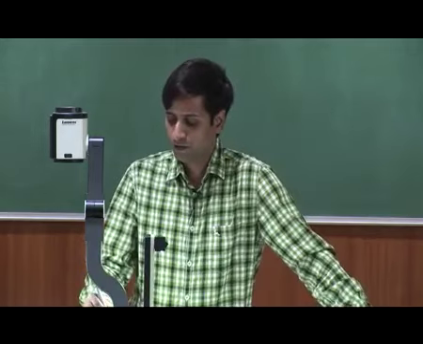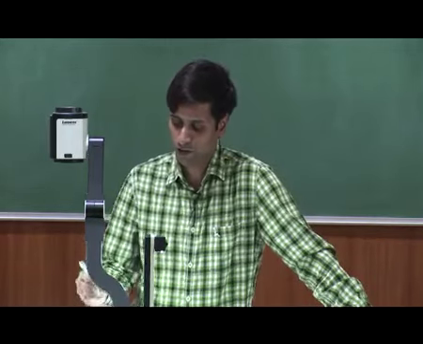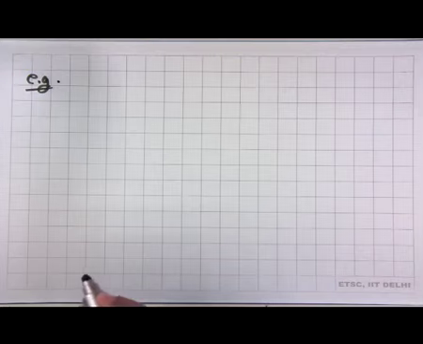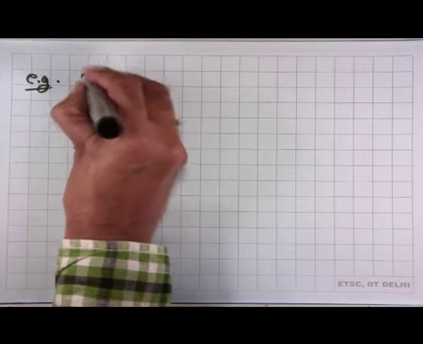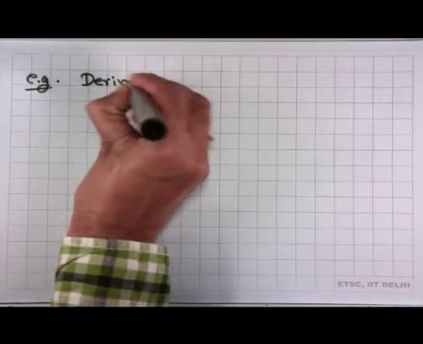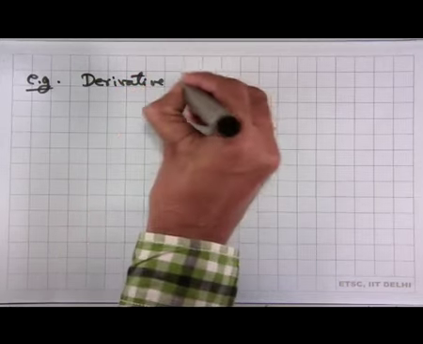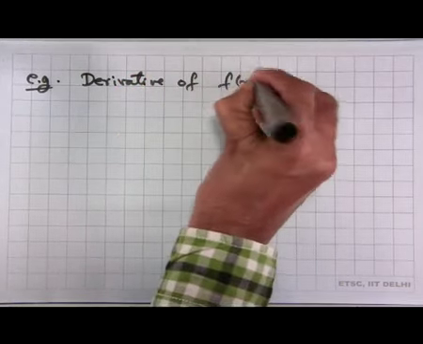Another example I will do is, so far we have only calculated derivatives of some powers of x. So, let us calculate the derivative of f x equal to sin x.